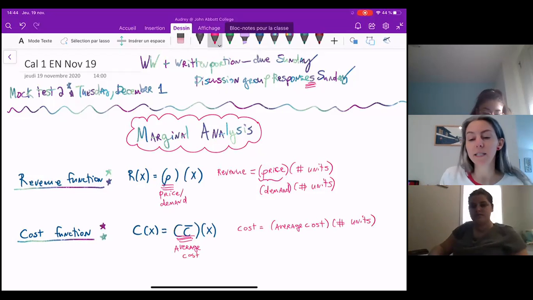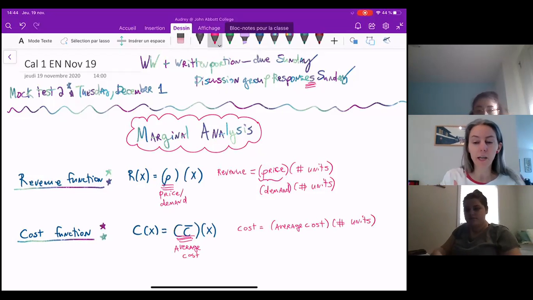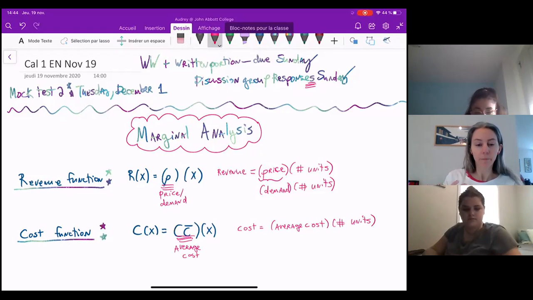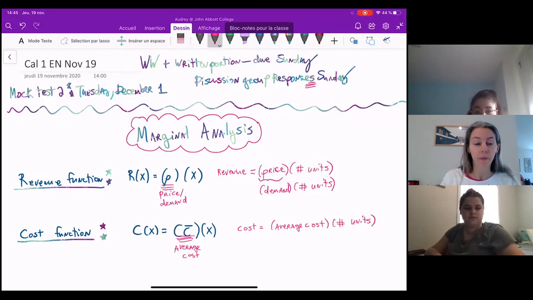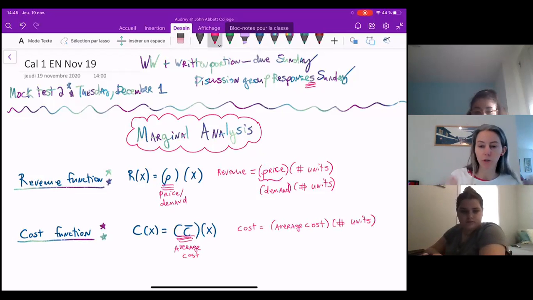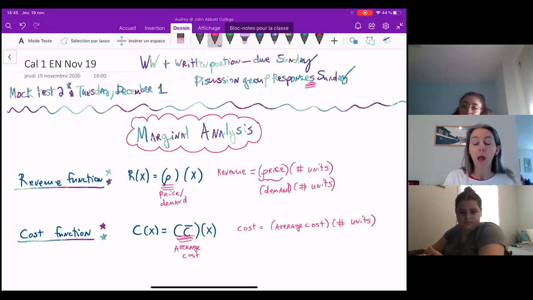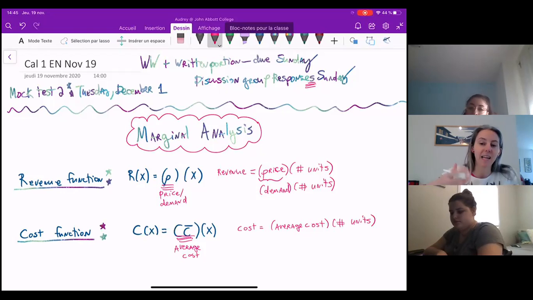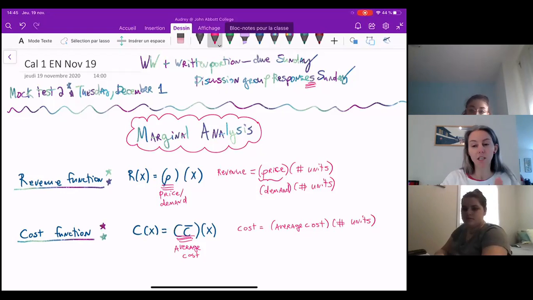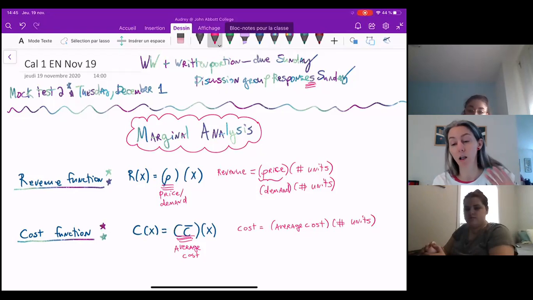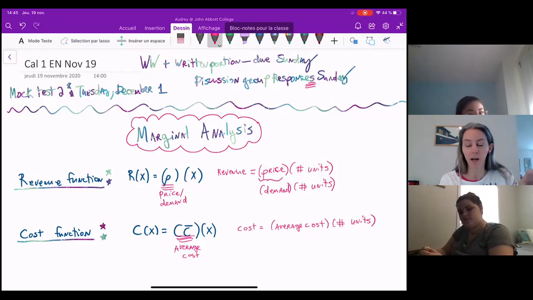And just to make sure that you guys understand fully, average cost is like saying, if I make 1,000 units, it might cost me $2 million to create 1,000 units. Now, that doesn't mean that it cost me the same amount to make every single unit, right? Maybe it cost me $10 to make the first unit because I had to get everything set up, and then $10 to make the second unit.